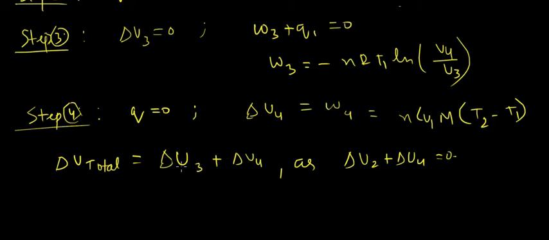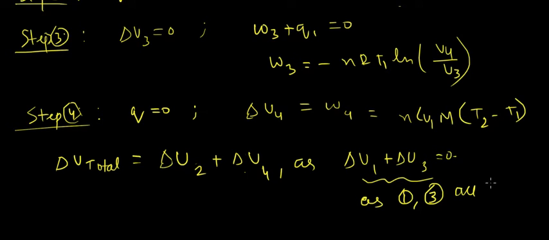Rather, I think delta U2 plus delta U4, and delta U1 and delta U3 are 0, as step 1 and step 3 are isothermal steps.